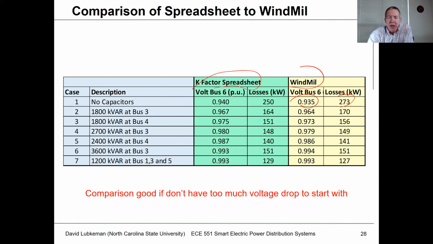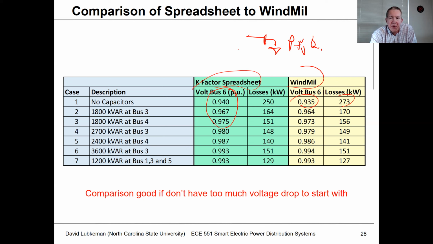Especially this is going to be the case if I'm deviating from bus voltages that are 1 per unit. So the lower the voltages get dragged down, the worse this K-factor approximation gets. The reason this is happening is that we're using this constant PQ load model.